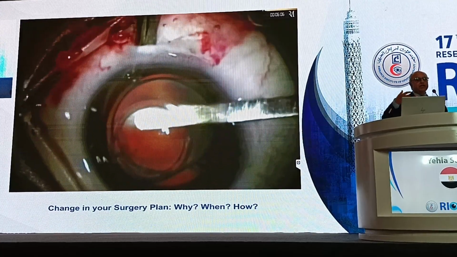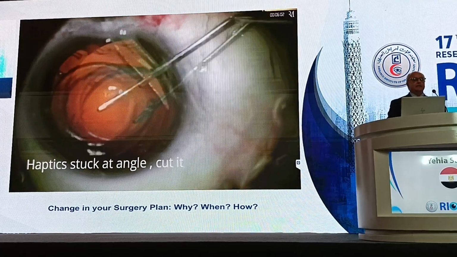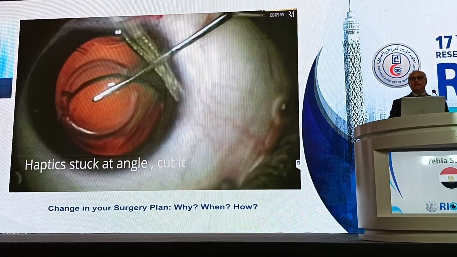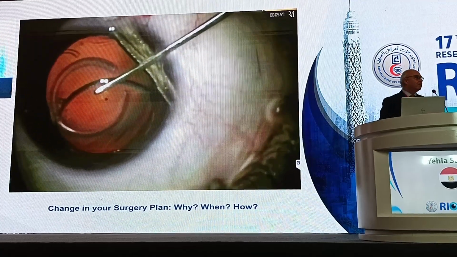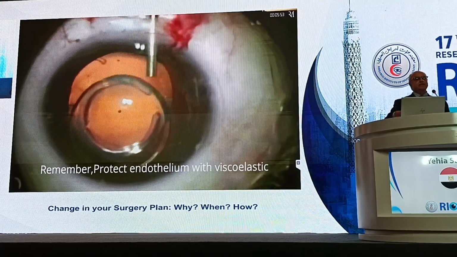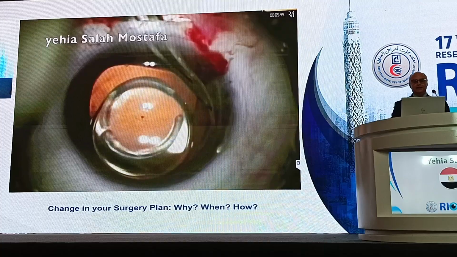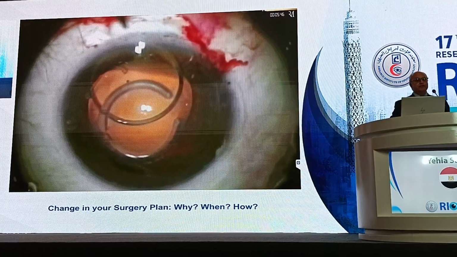So you change plan: you have to cut the haptics, and then cut the haptics again into smaller pieces, and try to slide it out from the synechiae. At the same time, you can open the angle where the synechiae zip on the angle with viscoelastic, like gonio viscolysis.